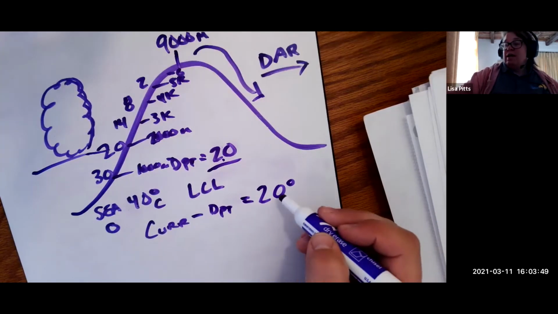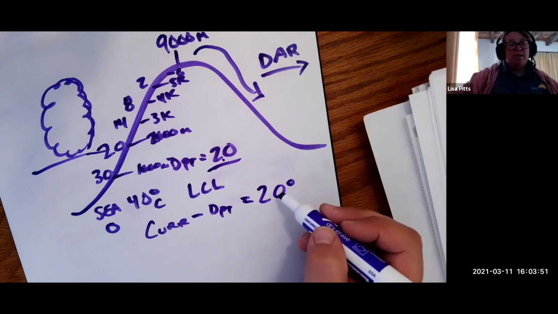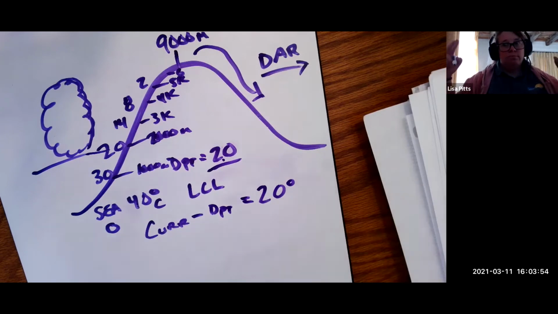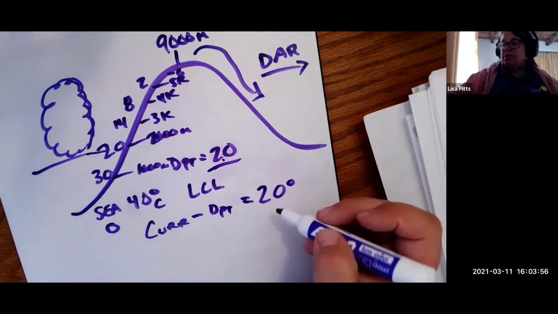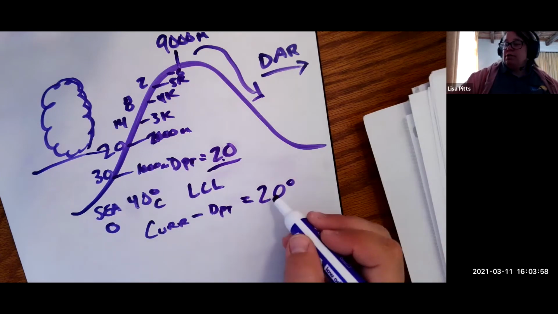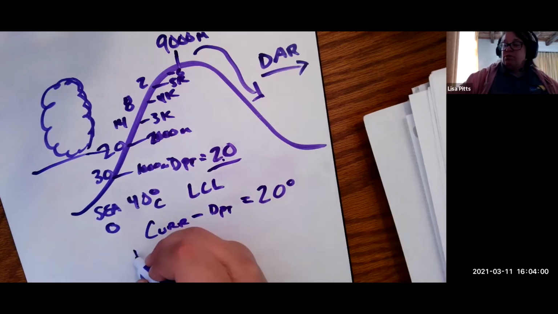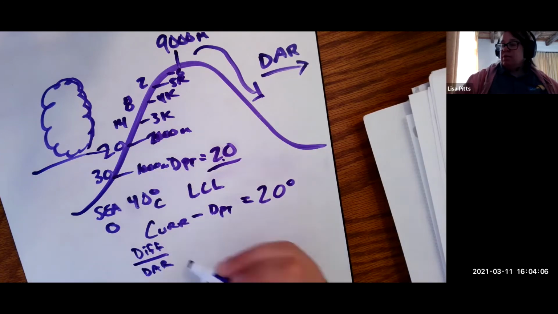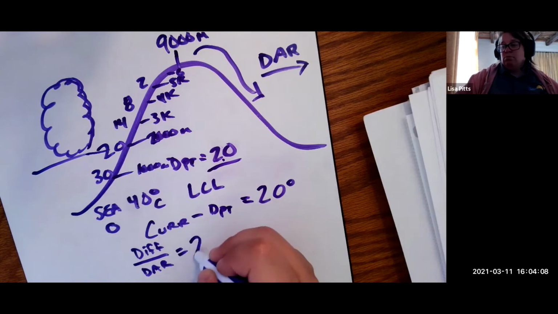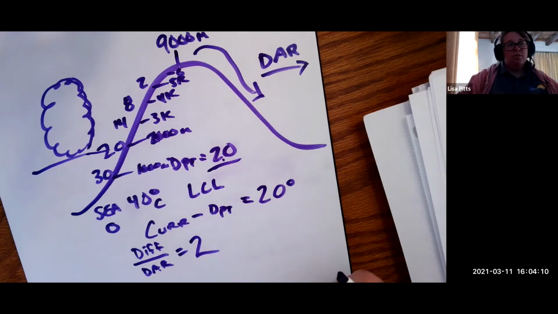You can divide that by your dry adiabatic rate to find out how many more meters, in this particular case, you have to go. So you take that difference divided by the dry adiabatic rate, and we get 2 in this particular case, right?